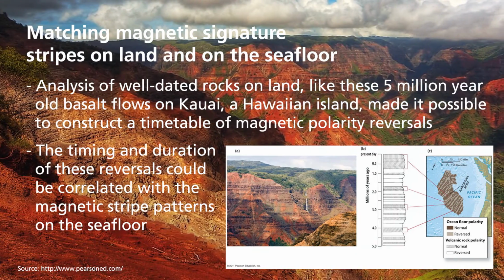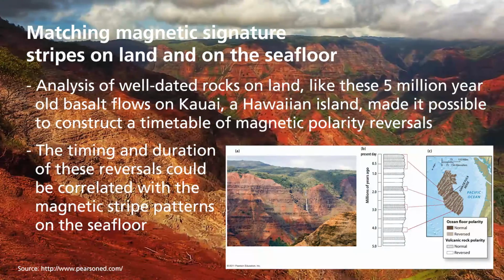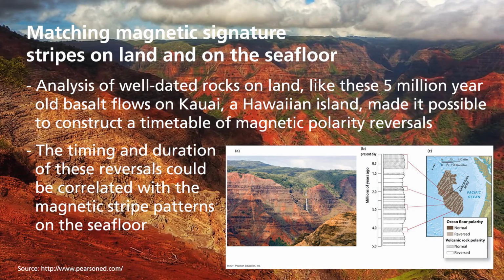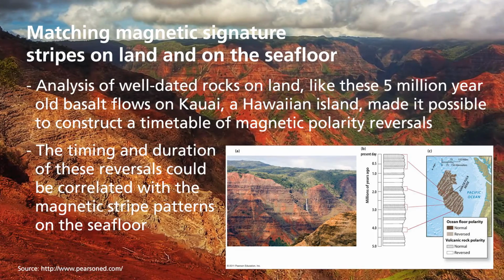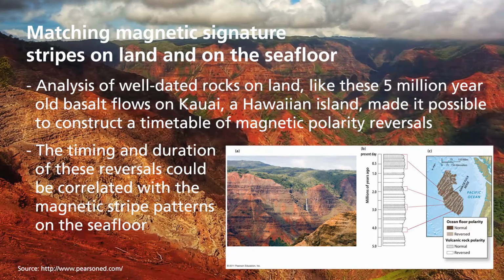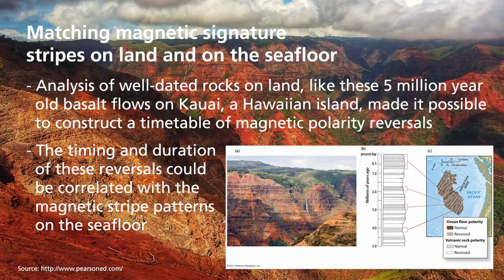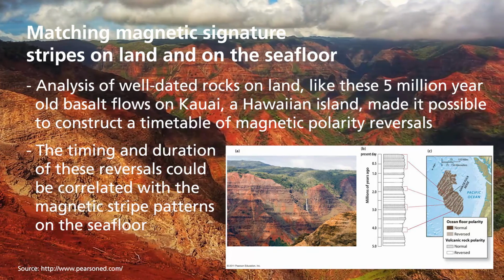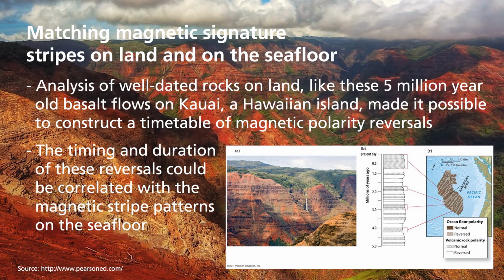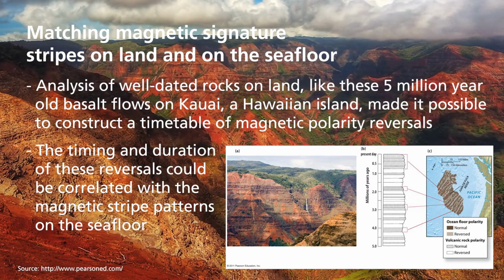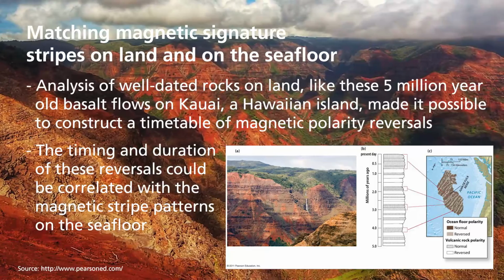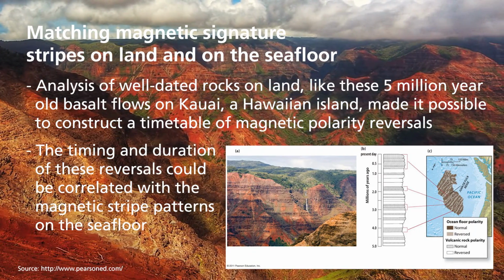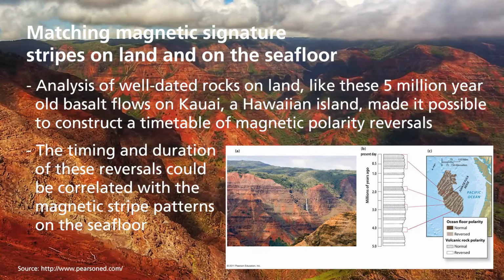and looked at the magnetic polarity reversals. So one layer would be normal, the next would be reversed, and then normal, and then reversed, and then normal and reversed. So they could tell when the reversal in the crust happened, and match that to the ridges that they were measuring at the bottom of the ocean. The timing and duration of these reversals were then correlated along the seafloor.